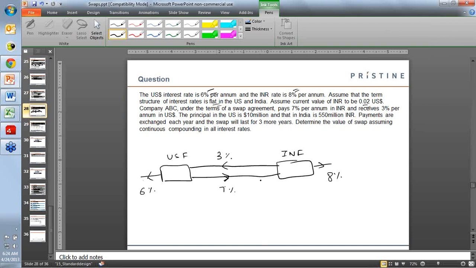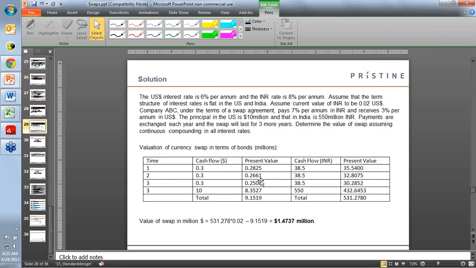Okay, so based on this, we can find out the annual payment. This will come out to be a $0.3 million cash flow in dollar terms, and 38.5 million cash flow in rupee terms. So we will simply discount the values using continuous compounding.